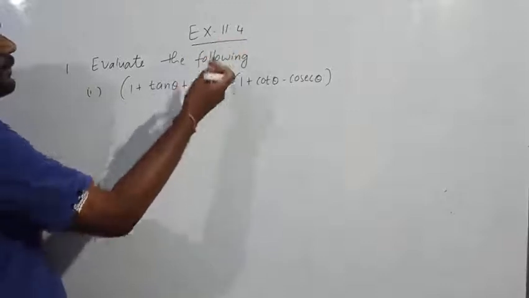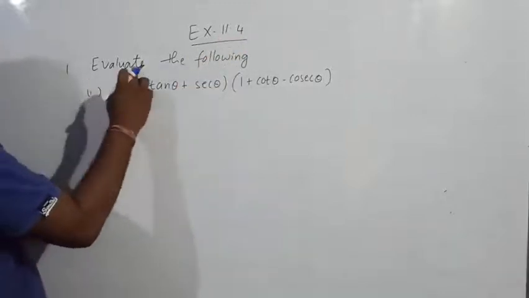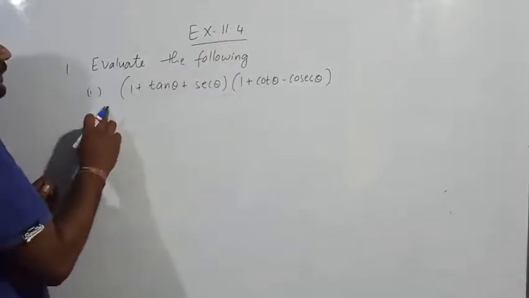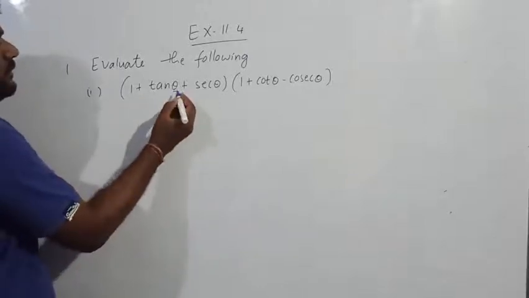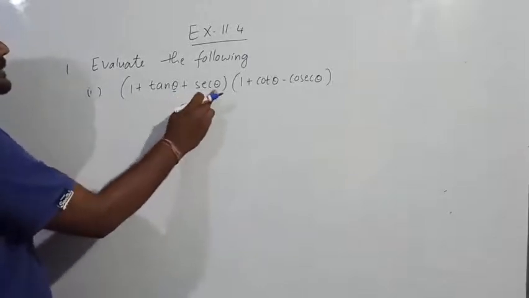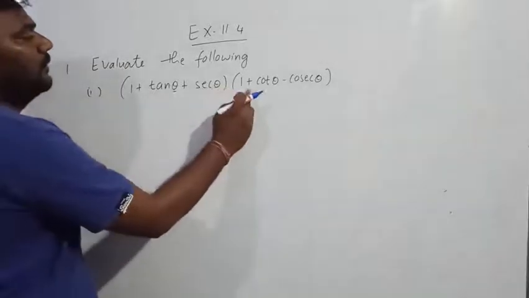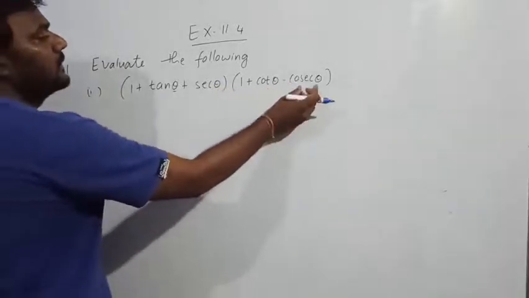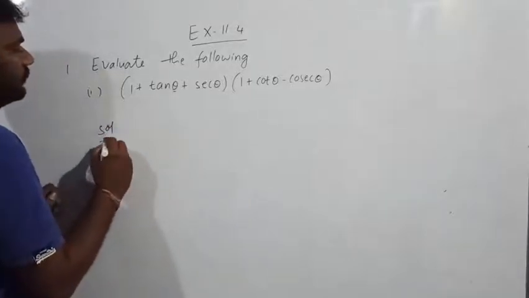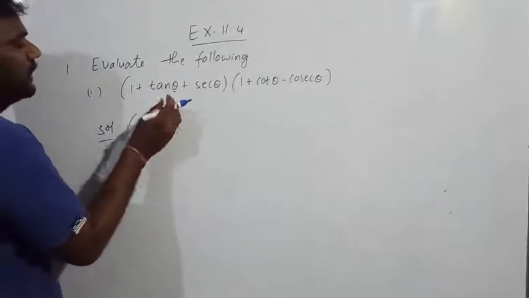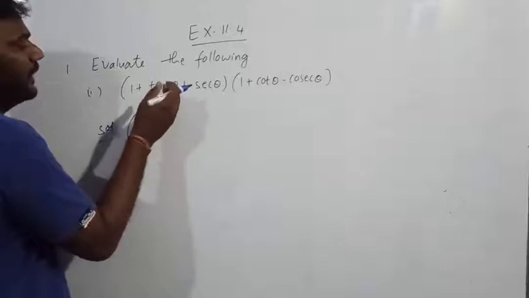Next, exercise 11.4. First bit, evaluate the following. In that first one, 1 plus tan theta plus sec theta into 1 plus cot theta minus cosec theta. Now see, 1 plus, already we know the tan form is what?